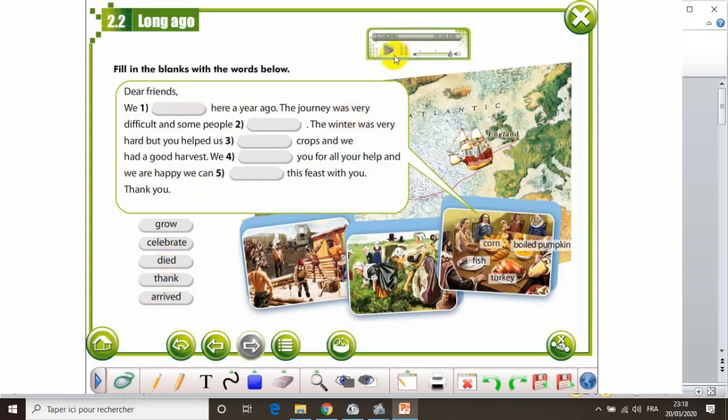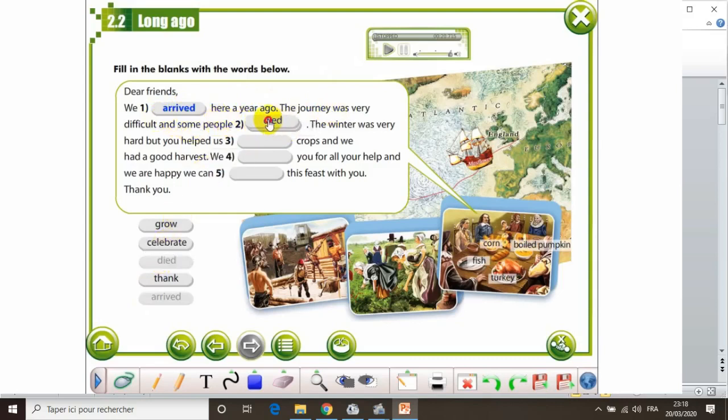Listen. Dear friends, we arrived here a year ago. The journey was very difficult, and some people died. The winter was very hard, but you helped us grow crops, and we had a good harvest. We thank you for all your help, and we are happy we can celebrate this feast with you. Thank you. Alright. So number 1 is arrived. The journey was very difficult and some people died.